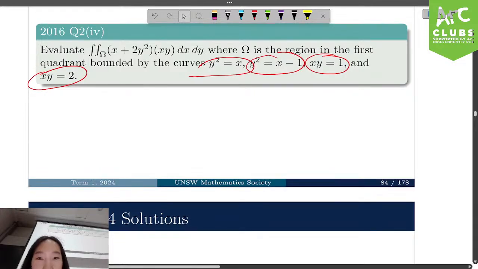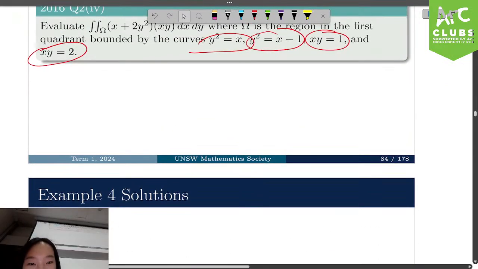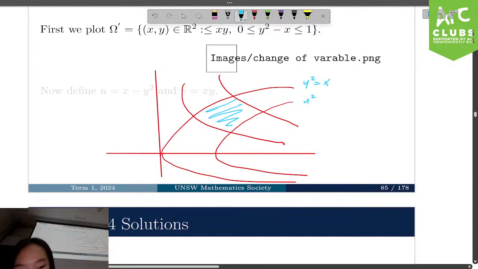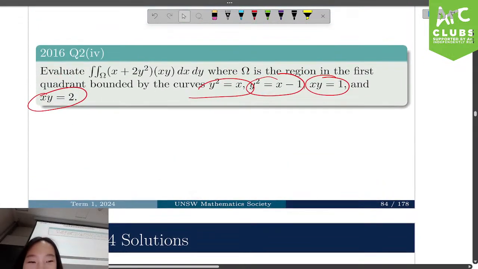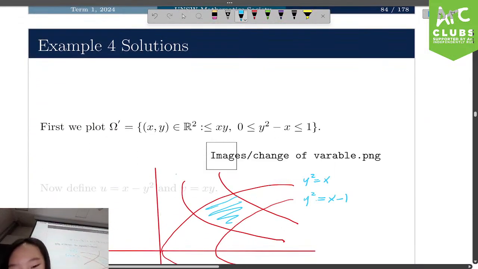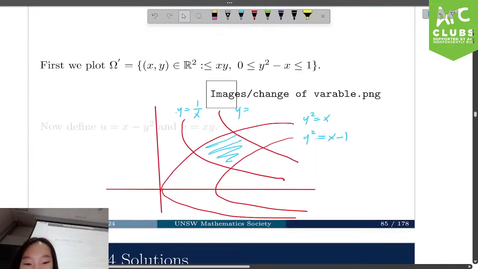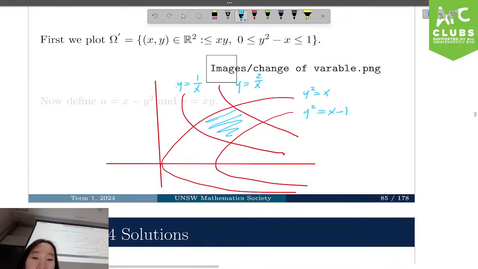Okay, so we have y squared equal to x, and we also have y squared equal to x take away 1. And also we have xy equal to 1, in other words y equal to 1 over x, and we also have y equal to 2 over x. Okay, the graph is very simple, and the bounded region is just the middle part. Okay, cool.